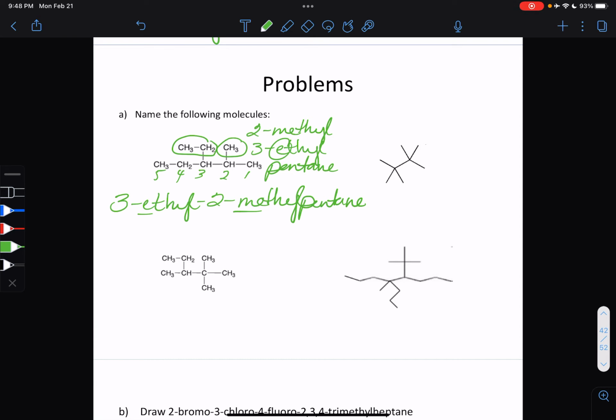Let's get wild and let's go down instead of to the right. Let's do this one right here. Alrighty, friends. So just looking at this, which way are you going to number? Left to right or right to left? We're going to go right to left again. 1, 2, 3.